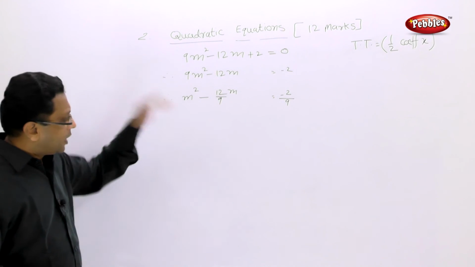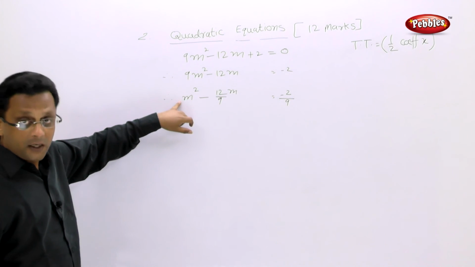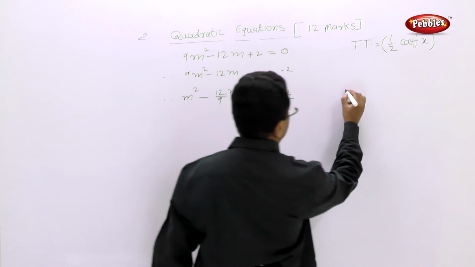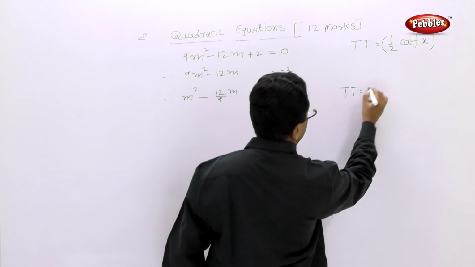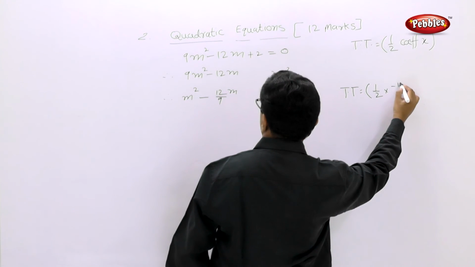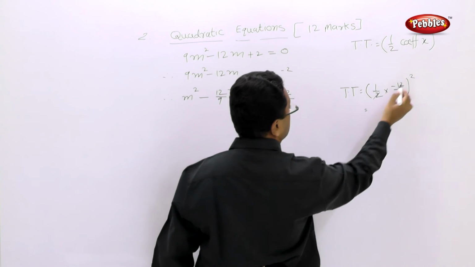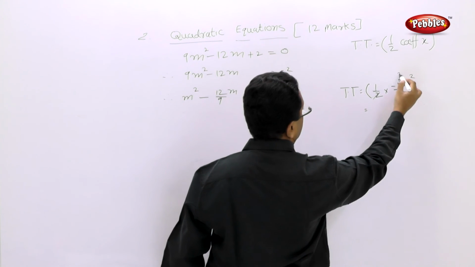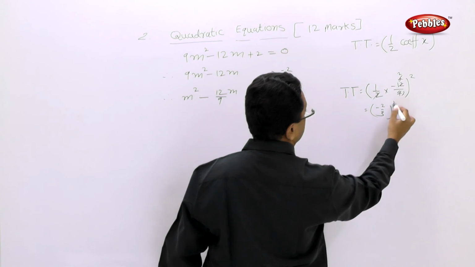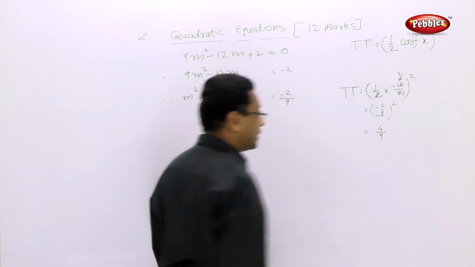Okay, now since the coefficient of m square is just 1, that is the quadratic coefficient, now you find the third term. Third term is equal to half into coefficient minus 12 by 9, square. This is, I get 6 here, minus 2 by 3 square, that is 4 upon 9.